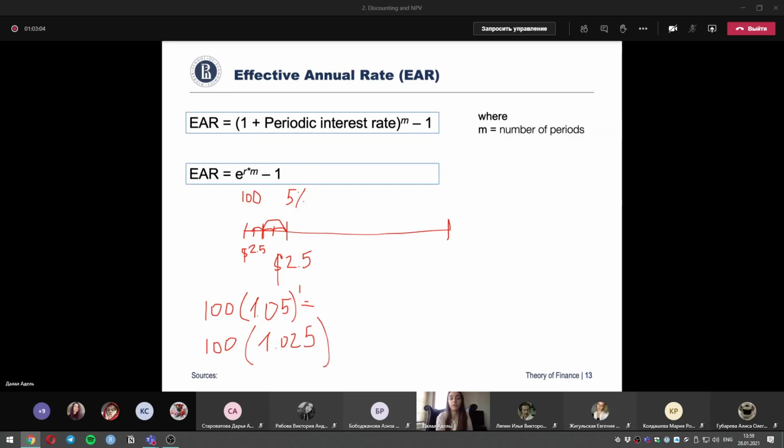So we receive this 2.5% twice a year. So again, we do not receive 5% twice a year. We receive half of this 5% twice a year. And we will see that our future value, so actually what we're going to get from the investment, will be a bit higher in this second case.